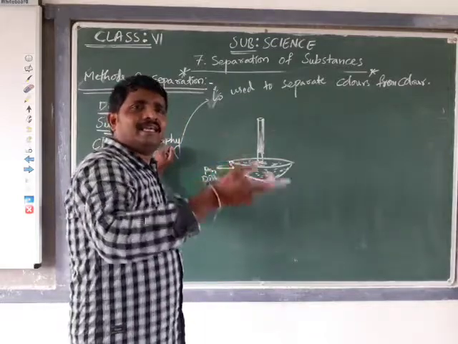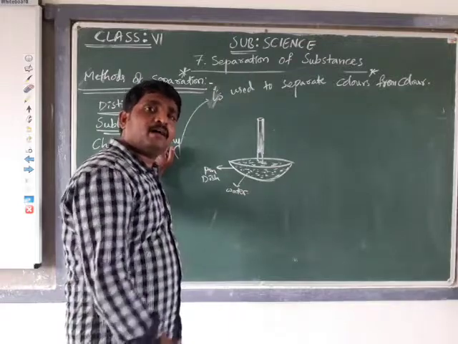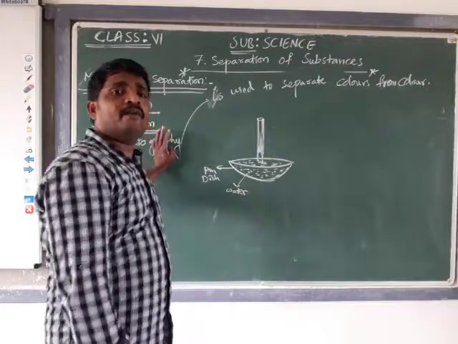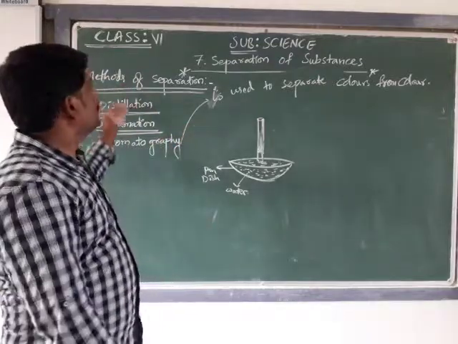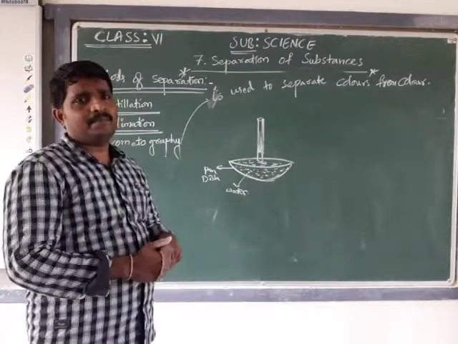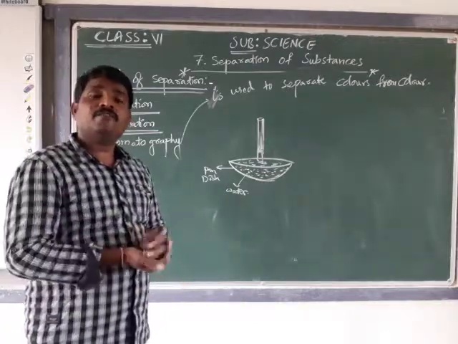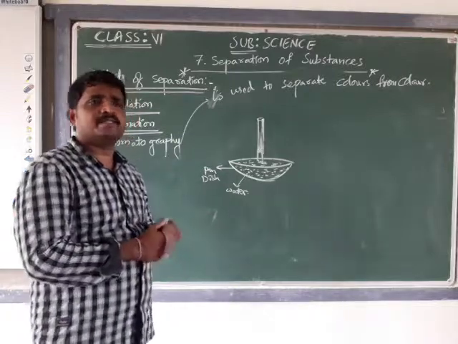If there is a requirement of separating the substances from a mixture, we might use two methods or three methods at a time sometimes, depending on the nature of the substances in the mixture.